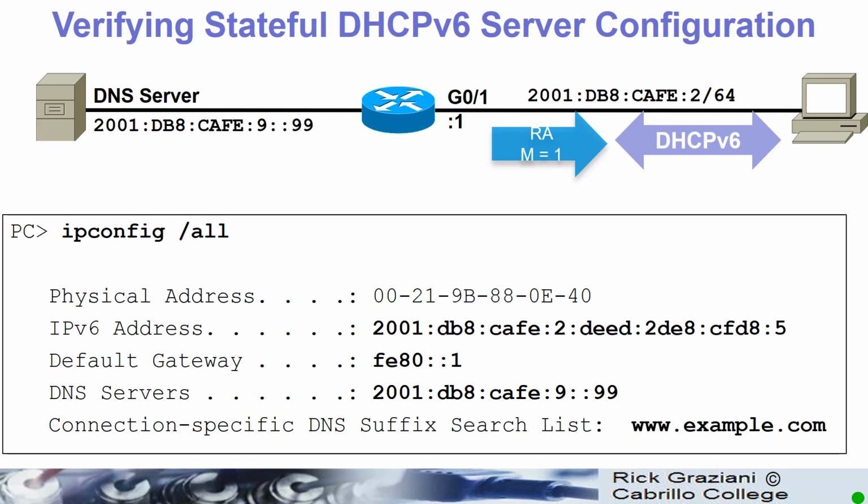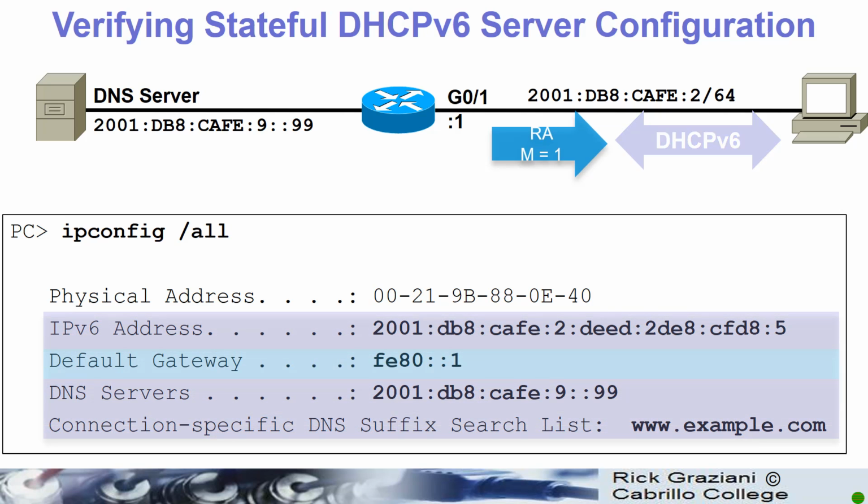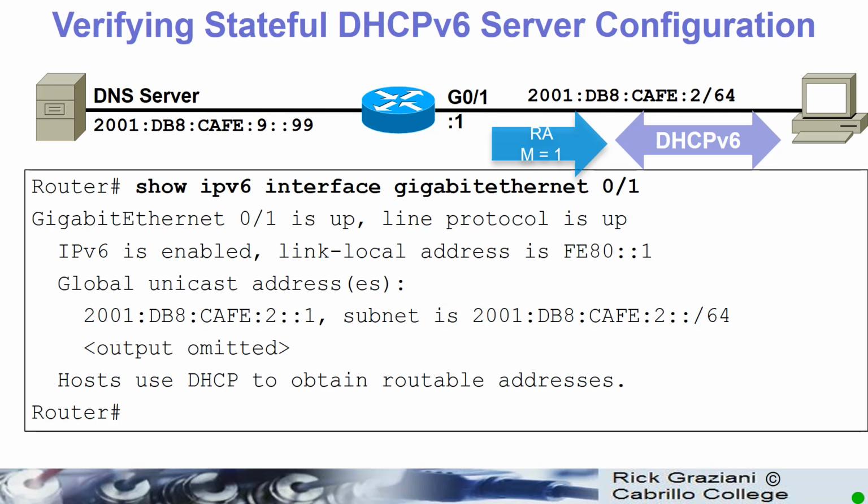Verifying, you can always do an IP config on an individual machine, and you should get the gateway, its global unicast address, its prefix for DNS, its IP for DNS, its domain name for the specific DNS suffix, as issued by DHCP.